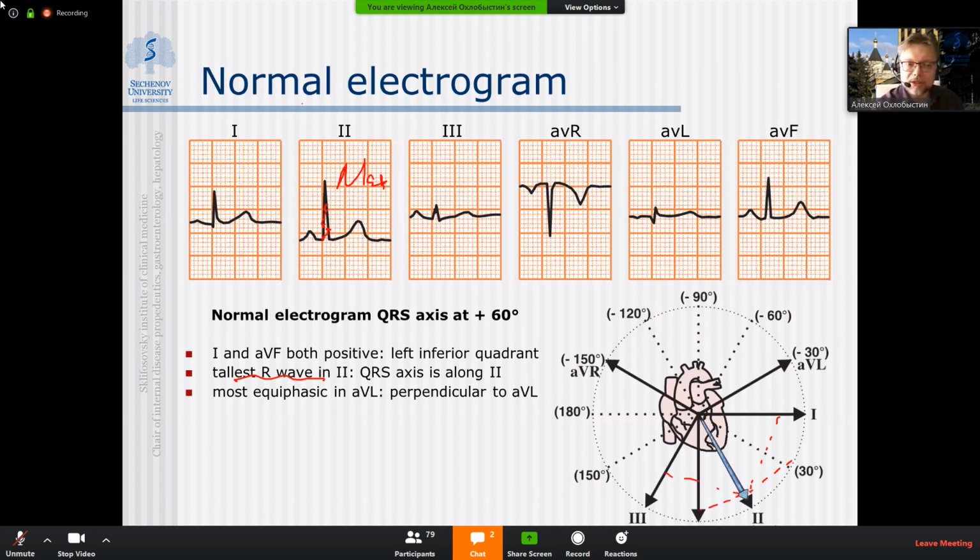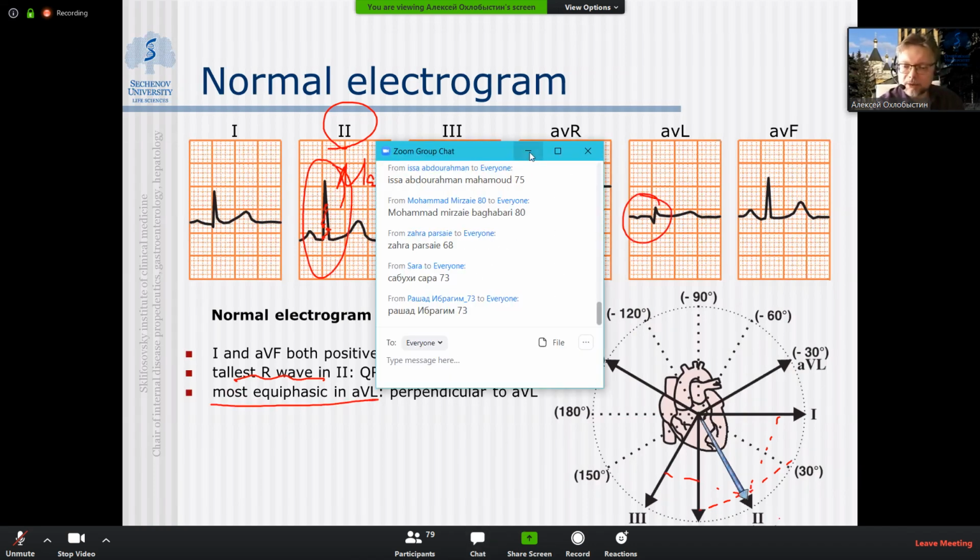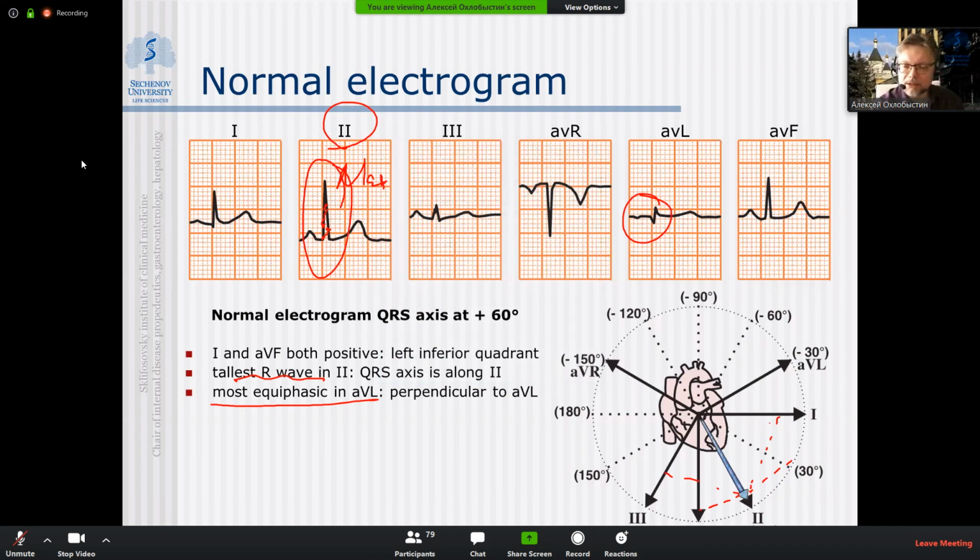Highest projection is in second. It means that the axis is closest to the axis of this lead, perpendicular to AVL, because it's equiphasic in AVL. That's why it coincides to plus 60 angle, and it's perpendicular to minus 30 angle, like this.